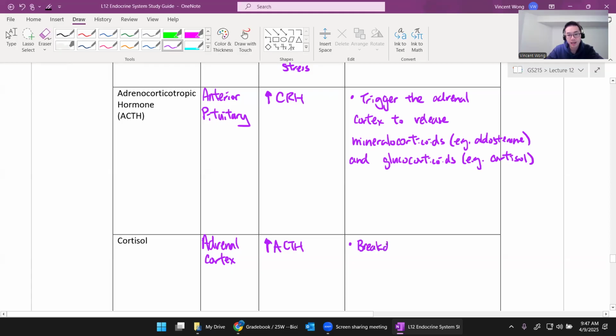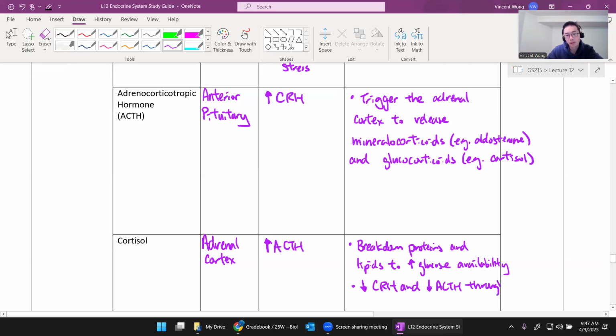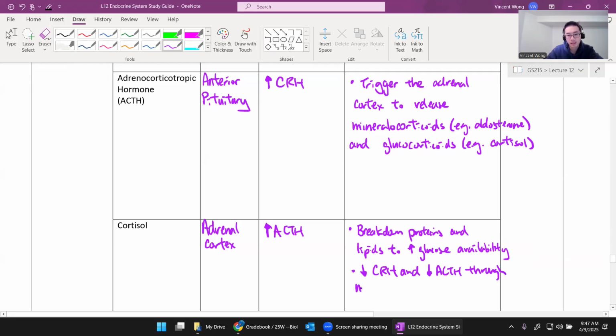So it's going to break down proteins and lipids to increase glucose availability. It's going to lower CRH and lower ACTH through negative feedback.